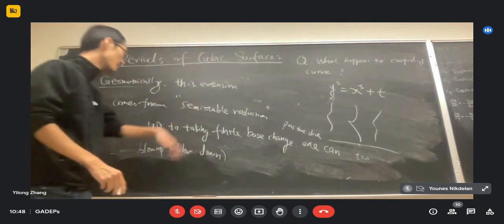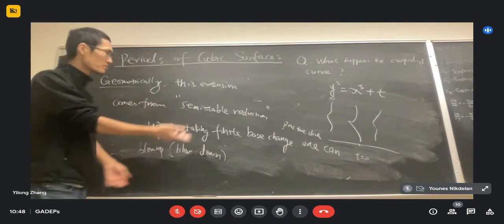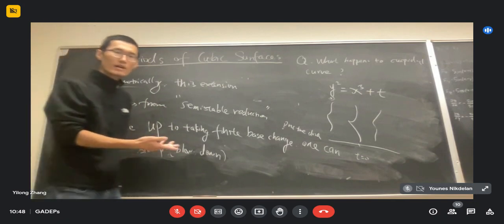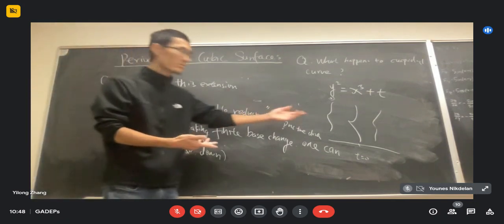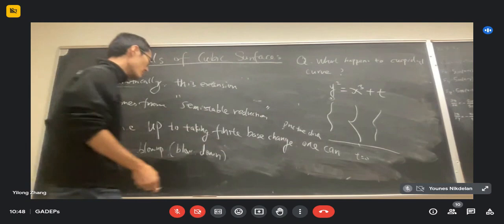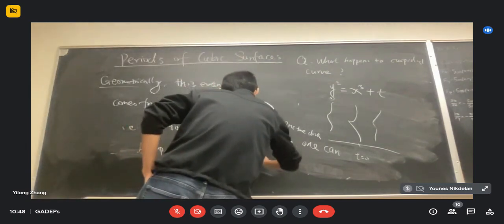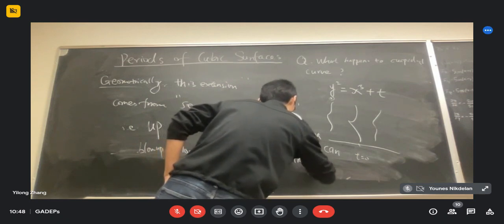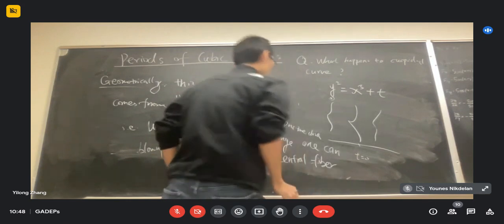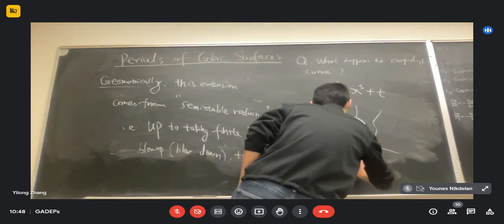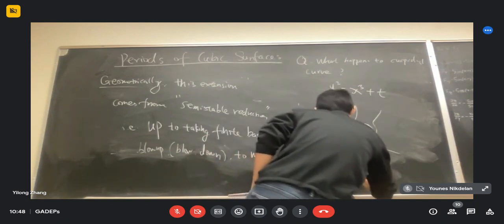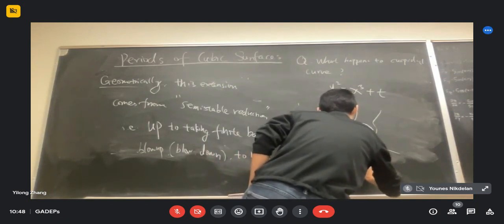Meaning that you can perform some birational change on the total space after your base change, so that you modify your new family to make your central fiber stable, or semi-stable. I should say semi-stable.